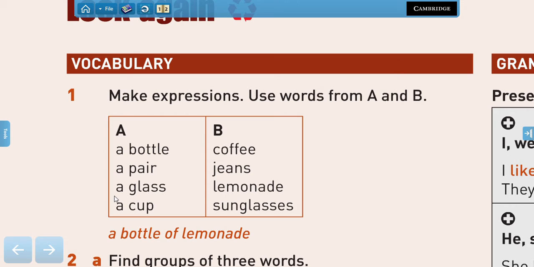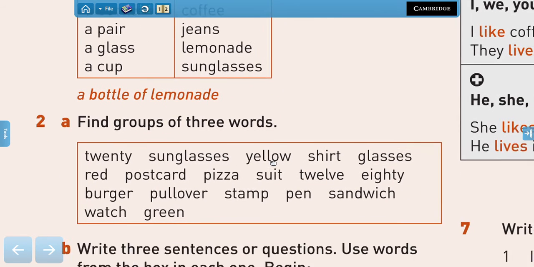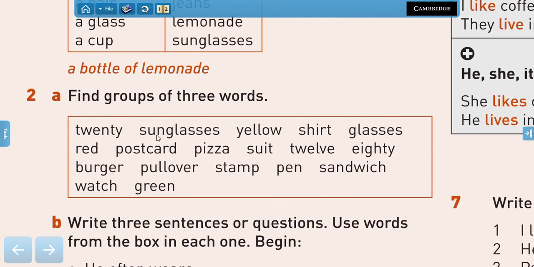Very good. A cup of coffee. Now, find groups of 3 words. So try to classify 3 words into the same category or words that are similar. You have to make groups of 3.